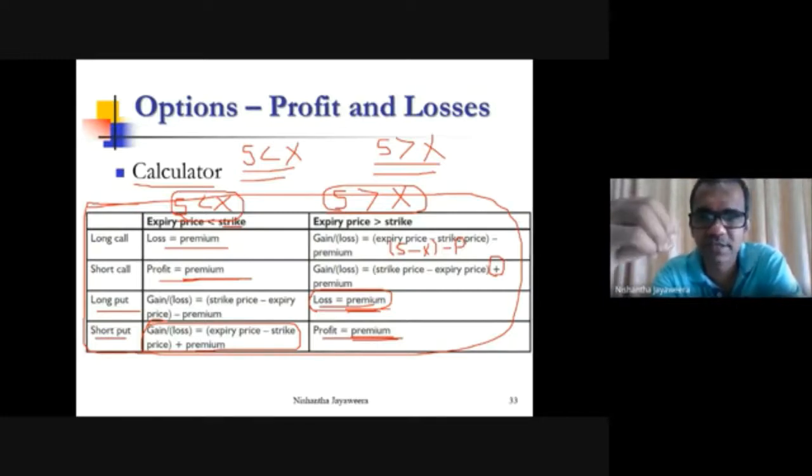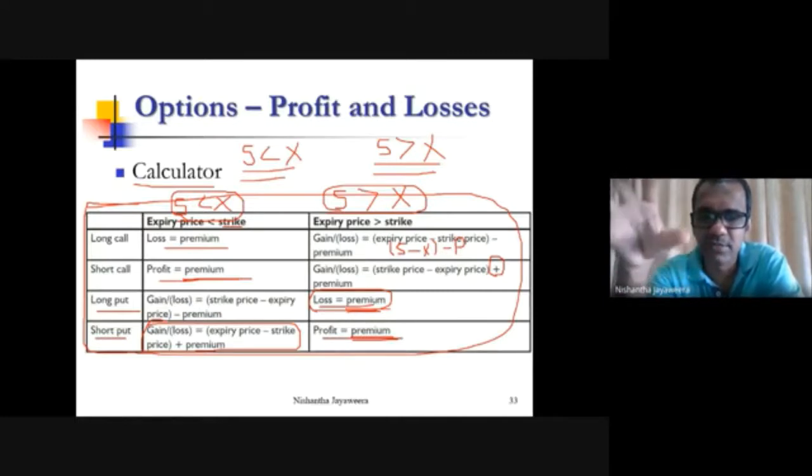The time frame is fixed. And depending on whether you can exercise your right only at the expiry of the option or any time during the option, we classify options into different categories.